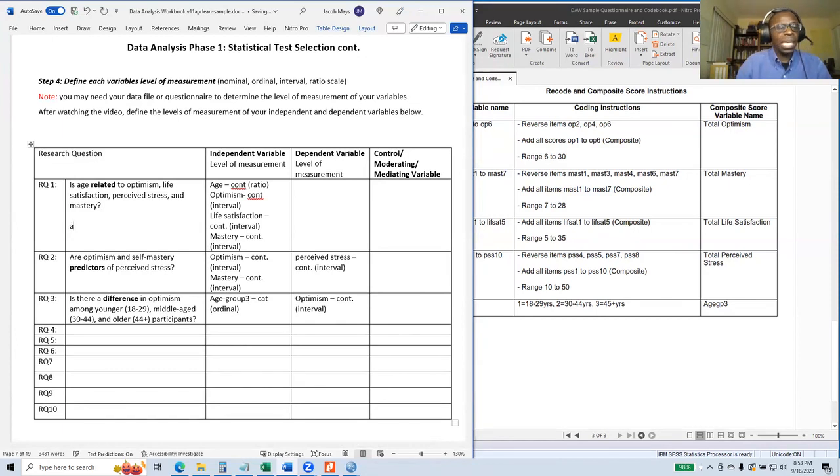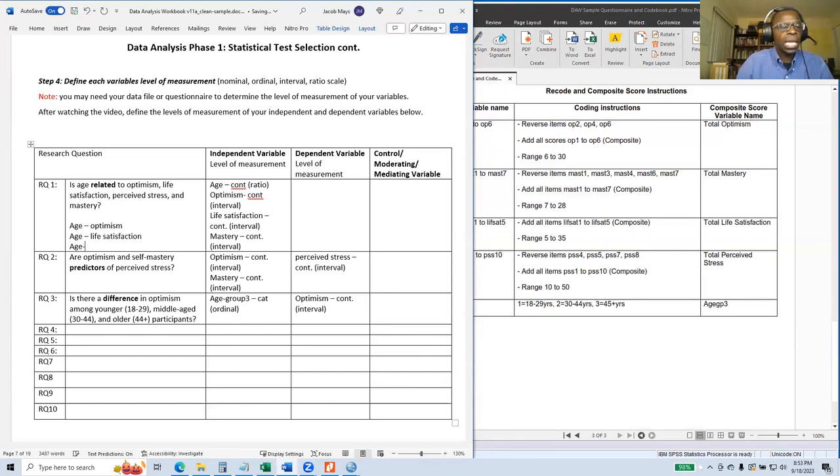If this makes sense, so let me write it another way. So basically it's going to be age and optimism. Age and life satisfaction.